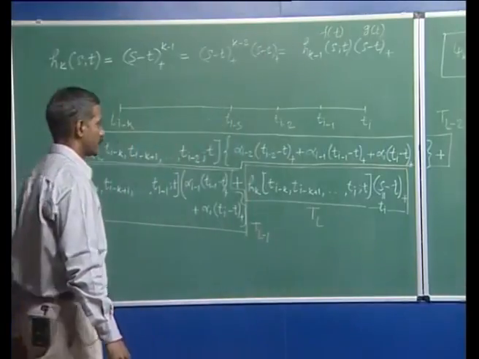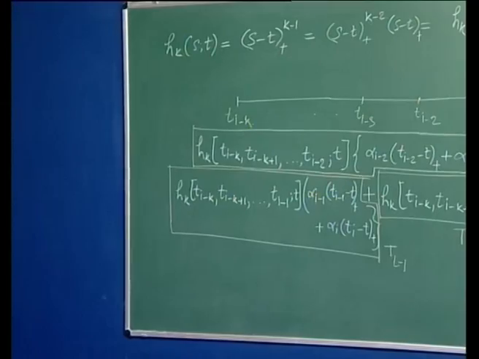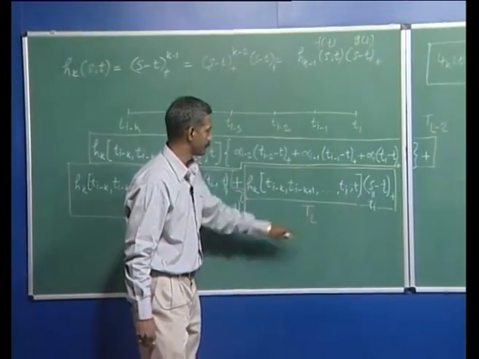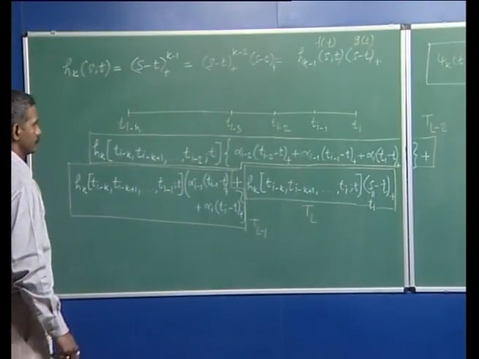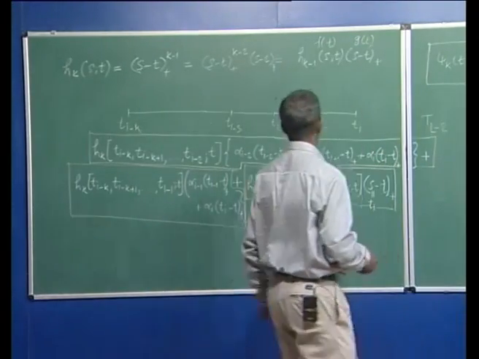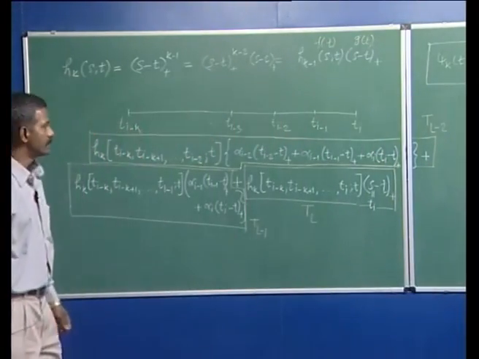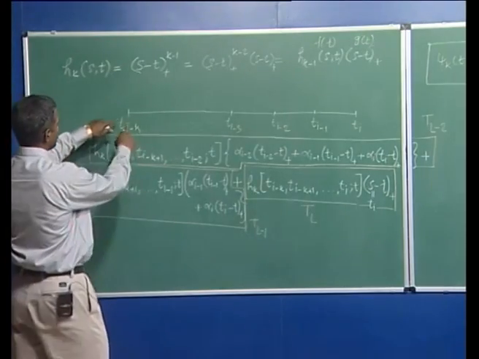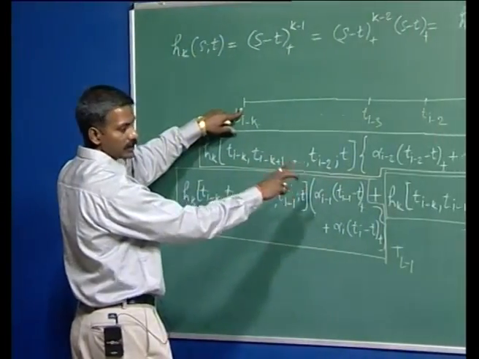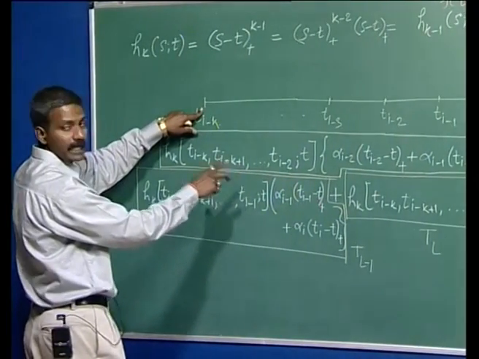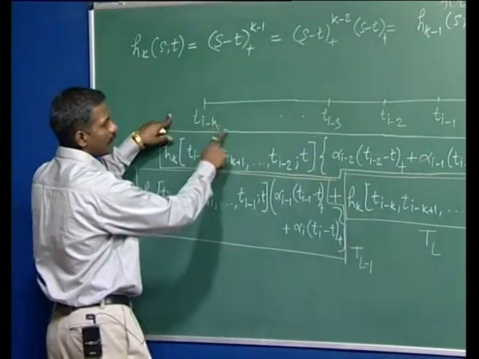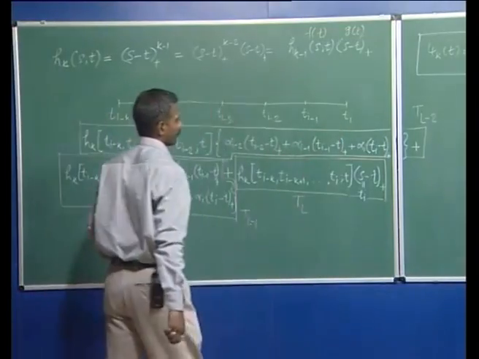L corresponds to the last term here. So let's concentrate on T_L. All I'm interested in doing is to figure out which of these terms will be 0 and which will be not 0 for values in between t_i-k and t_i.